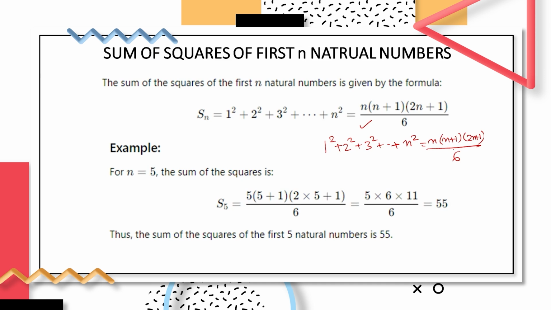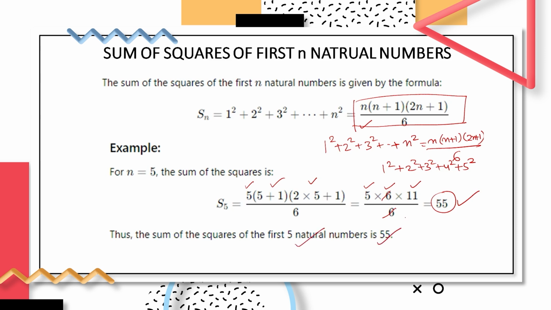So if we solve the same question again, what is 1 square plus 2 square plus 3 square plus 4 square plus 5 square, you can directly apply this formula for Sn, and you will get 5 into 5 plus 1 into 2 into 5 plus 1 upon 6. That is 5 into 6 into 11 upon 6. So 6 will be cancelled and 11 into 5 is 55. So the sum of the squares of the first 5 natural numbers turns out to be 55.